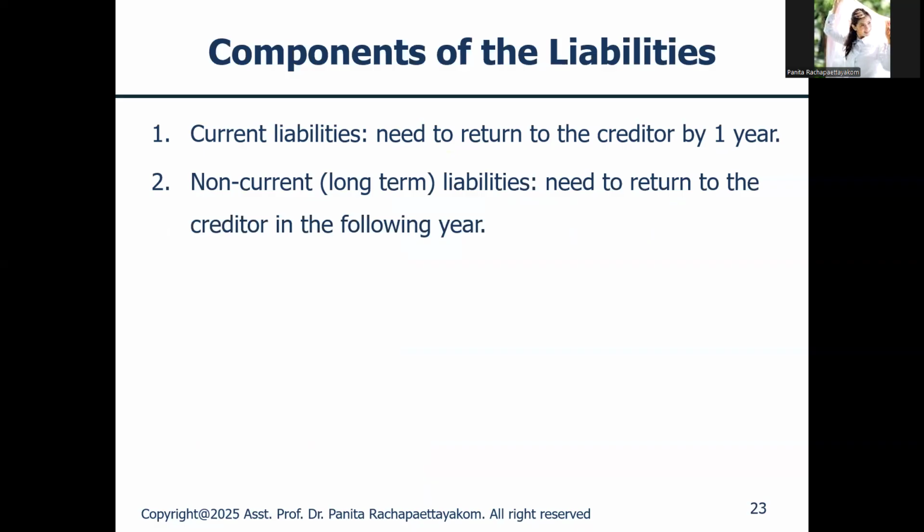Here is the concept, right? The concept of current and non-current liabilities: if you need to repay the liabilities to the creditor within 1 year, the keyword is within 1 year, they are categorized as current liabilities.